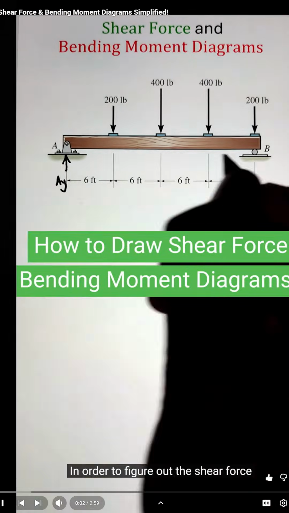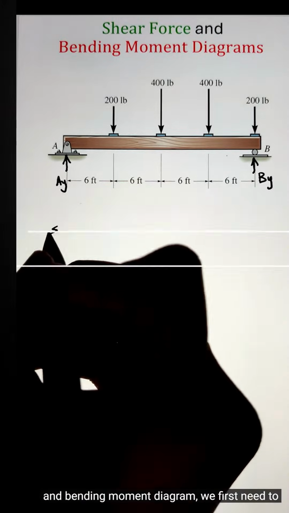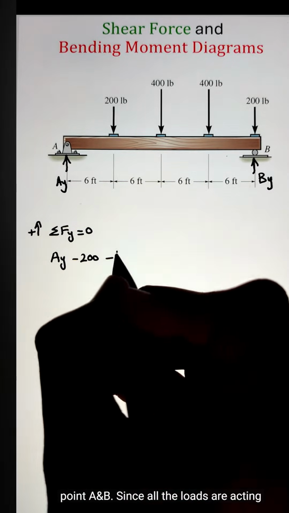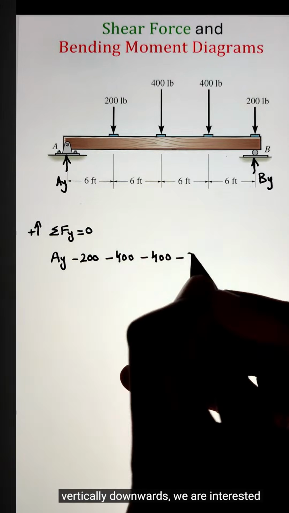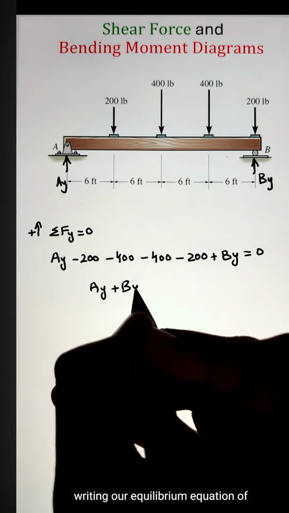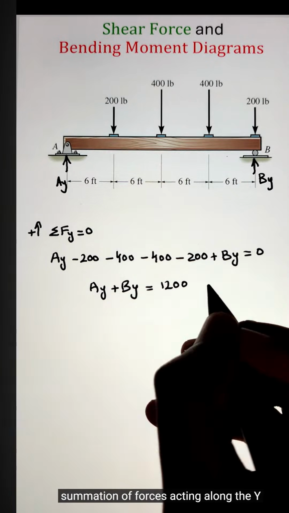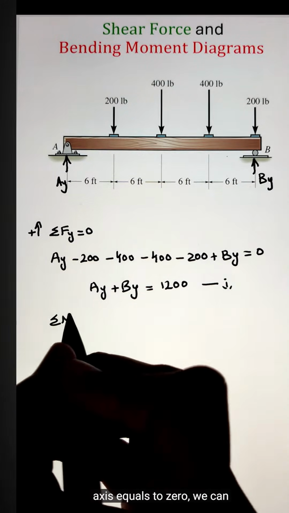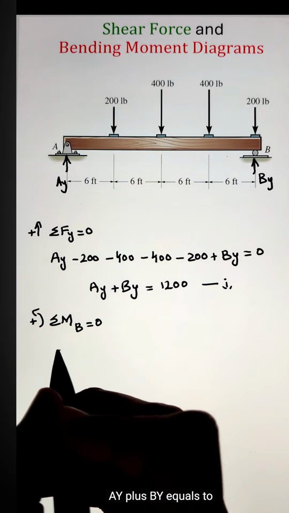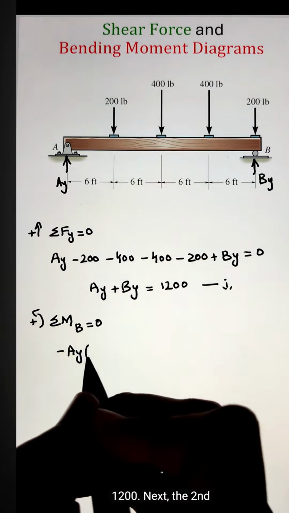In order to figure out the shear force and bending moment diagram, we first need to figure out the support reactions at points A and B. Since all the loads are acting vertically downwards, we are interested in the vertical support reactions. So writing our equilibrium equation of summation of forces acting along the y-axis equals 0, we can simplify the expression as AY plus BY equals 1200.